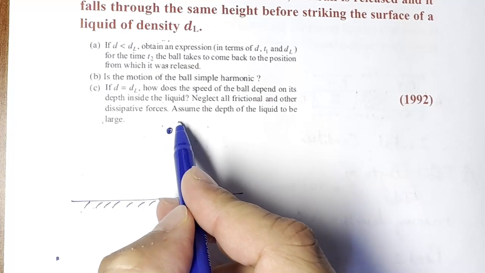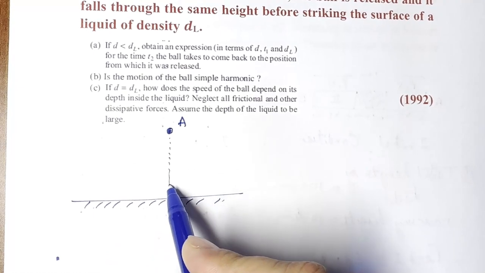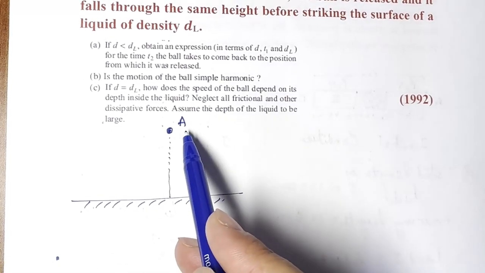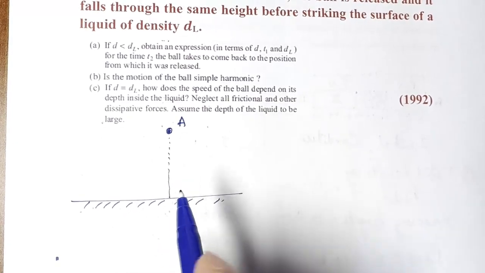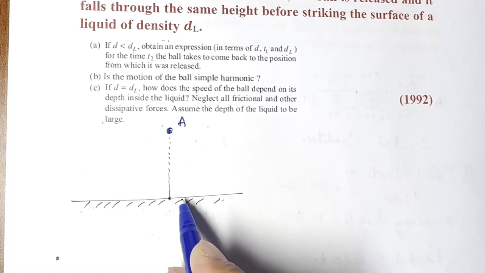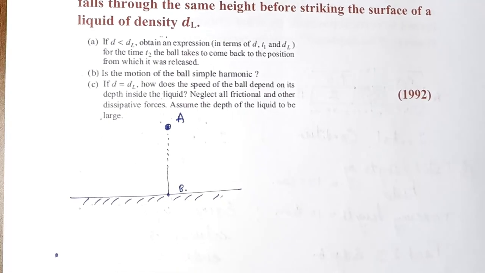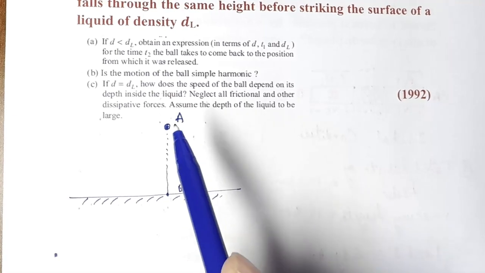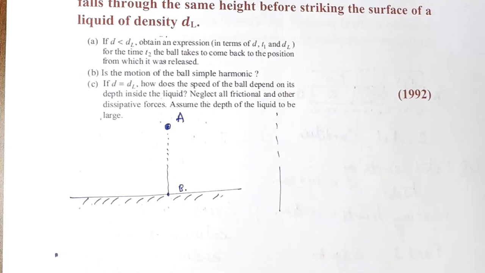Let's call this point A, and this ball strikes the solid surface, bounces elastically and returns to its original position in time t1. Let us call this point B. So the time t1 is the time taken to travel from A to B and back from B to A. This is the first case.